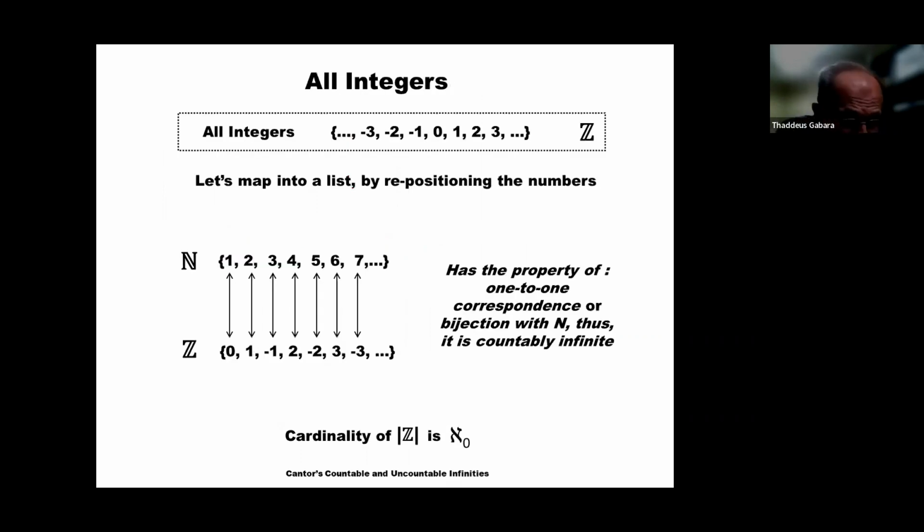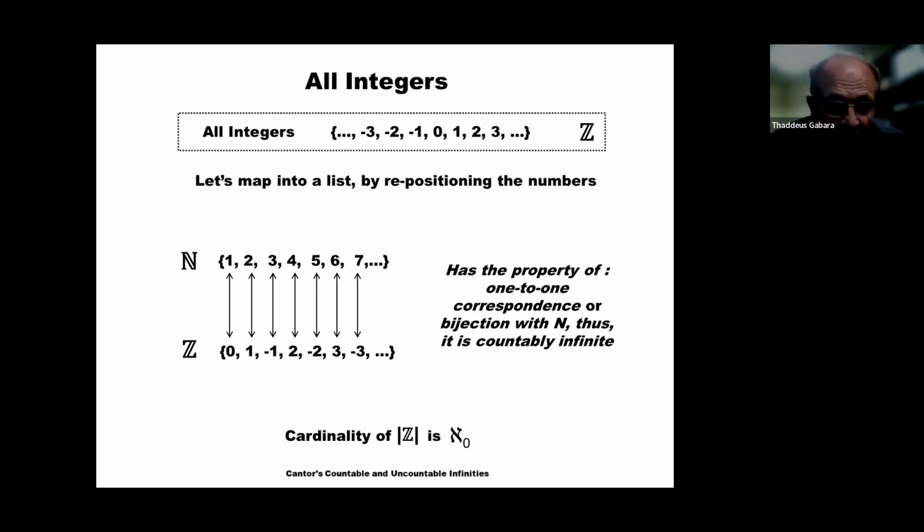So let's look at all integers. For all integers, we're going from the ellipsis down to -3, -2, -1, 0, 1, 2, 3, and onwards to infinity. So we want to somehow match the natural cardinal number set with a one-to-one correspondence with these numbers. But you see that you have this set, you are allowed to rearrange the order.